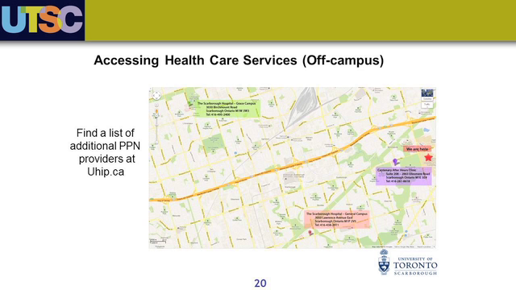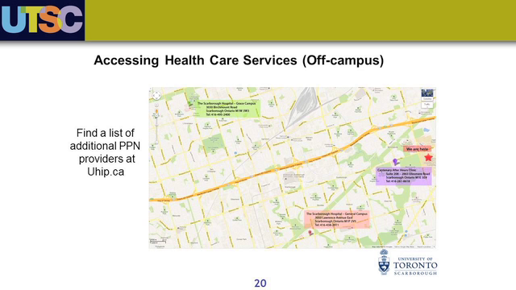And these are the off-campus clinics that are on PPN. PPN is the Preferred Provider Network. So they accept UHIP automatically, as well as the on-campus clinic. These are three listed: Centenary and the Scarborough Hospital, General Campus, and Grace Campus.